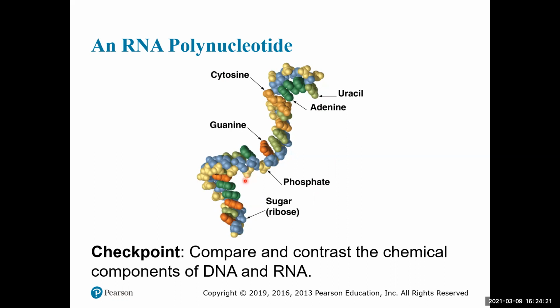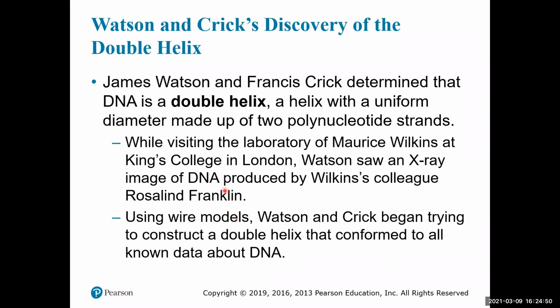But those main differences, again, is the differences in the sugar molecules for DNA and RNA, so deoxyribose versus ribose. DNA having A's, G's, C's, and T's, and RNA having A, G, C, and U for uracil. And then the main difference too is single versus double-stranded. And so those are kind of the big differences between DNA and RNA molecules.